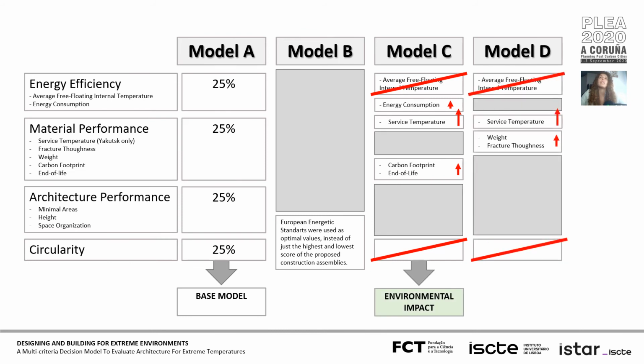And for model D, more importance was given to service temperature, weight, and fracture toughness in order to assess the transportability of our options. In both of these models, circularity was removed because it became redundant, and the criterion for free floating temperature was also removed because the differences were very, very low, so it made no sense to keep it.